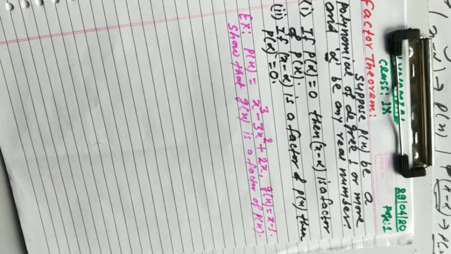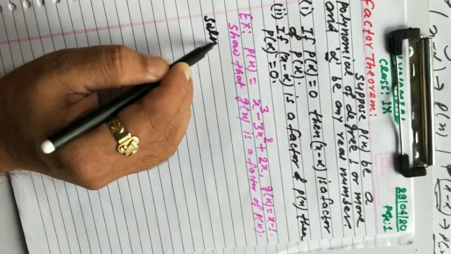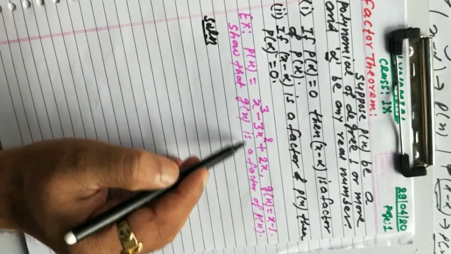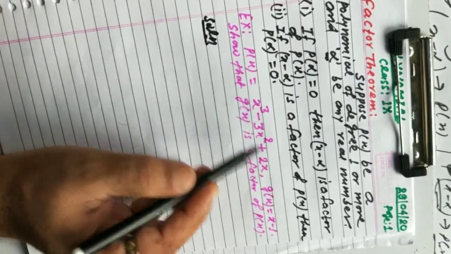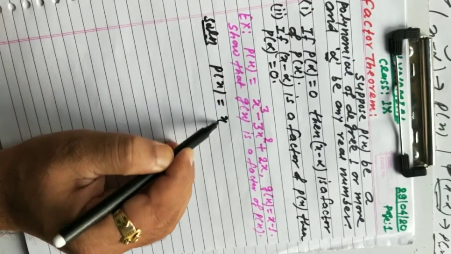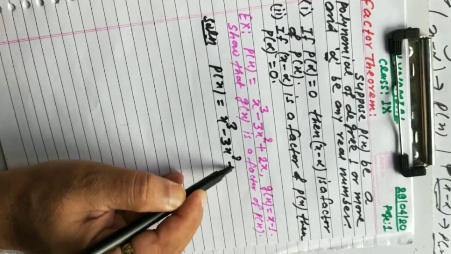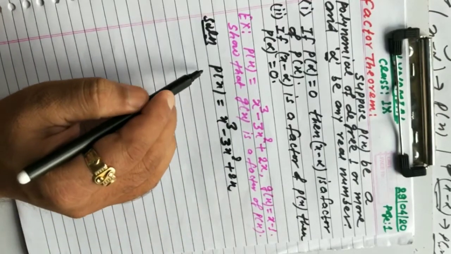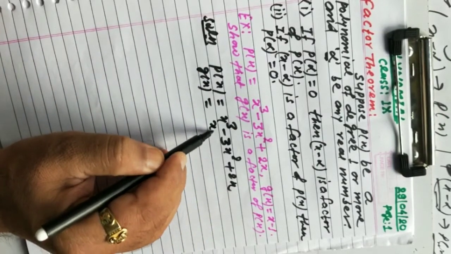Then in solution we have to show that this g(x) is a factor of this polynomial in x. So first write here P(x) is x cube minus 3x square plus 2x, and your g(x), that is divisor polynomial, is x minus 1.